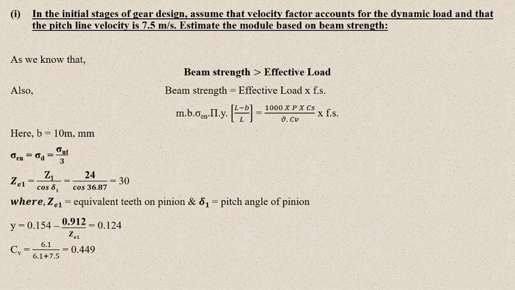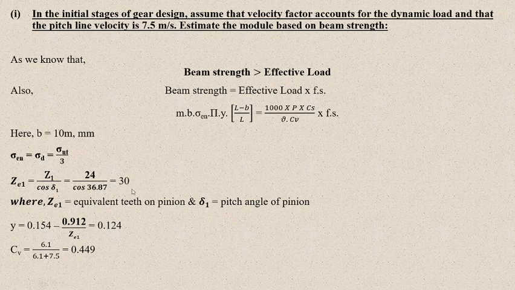b, we can take the value of b as 10 mm as per the data given in the design data handbook. Sigma en is equal to 1/3 of the ultimate tensile strength. Small y is the Lewis form factor, which is also given in the design data handbook.